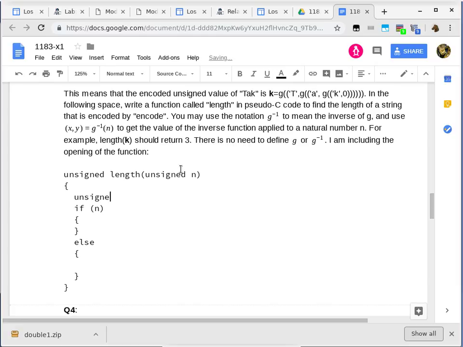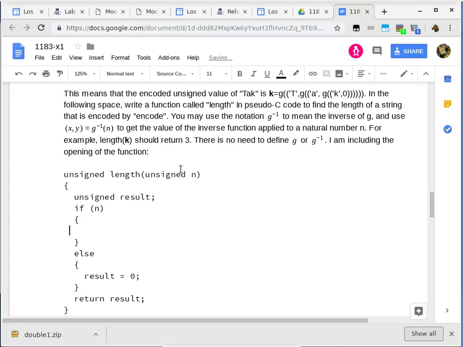So I'm going to say unsigned result here, and if I get to the else case, what is that telling me? n is 0. If n is 0, what is the length of the string encoded into n? 0, because it's just the null terminator itself. So in this case, I can say result is 0. And don't forget the last return result here.